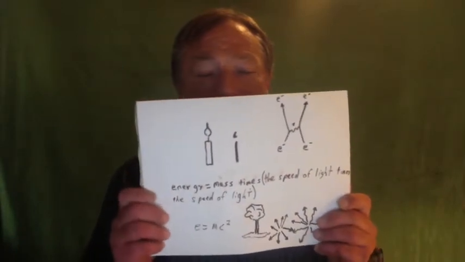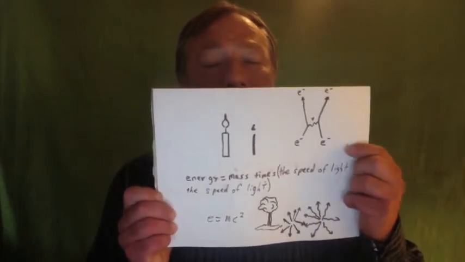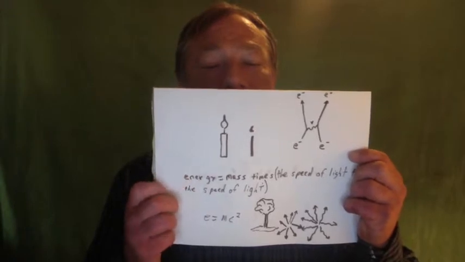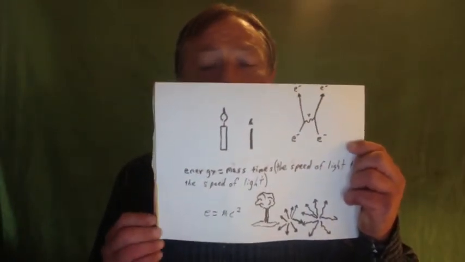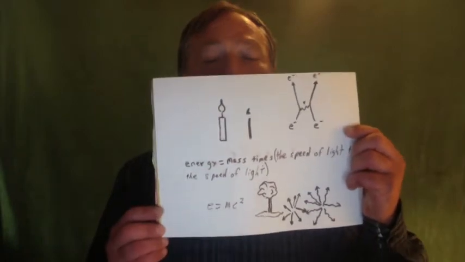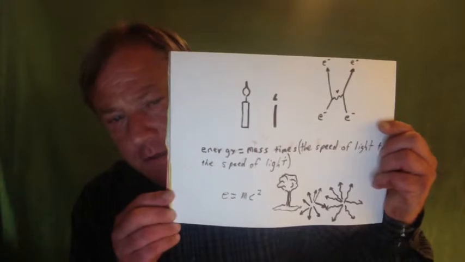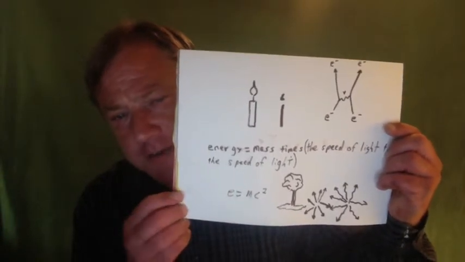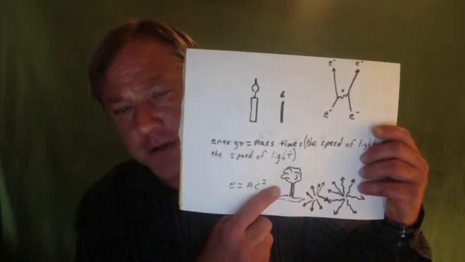And so a sentence that describes it, energy equals mass times the speed of light times the speed of light, is then represented by E equals mc squared, which could represent an atomic bomb, a blast. You've seen the mushroom cloud.